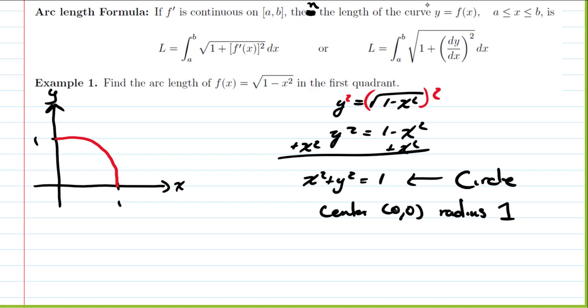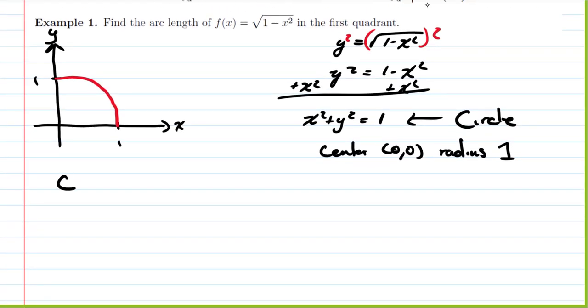Well, since it's a quarter of a circle, do we know what the arc length is? Sure. What's the formula for the circumference of a circle? So the circumference of a circle is pi times d, or 2 pi r, right? But this isn't a whole circle.